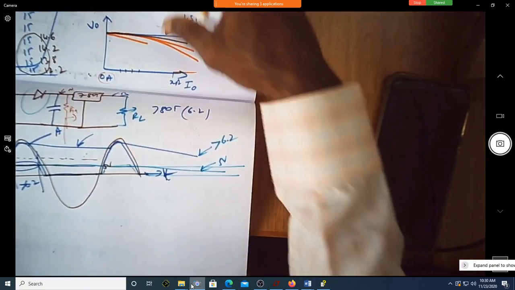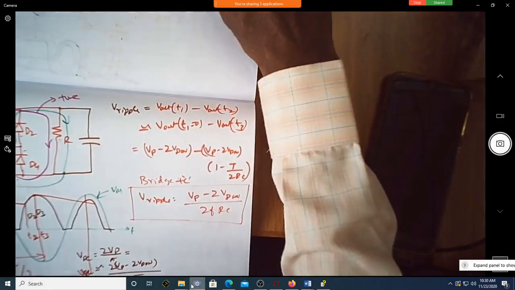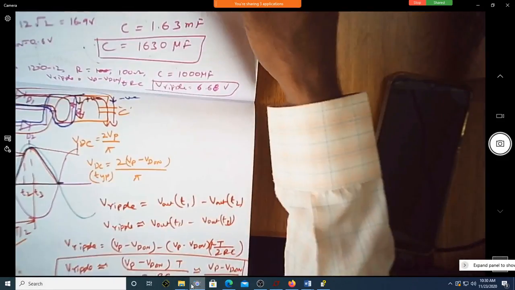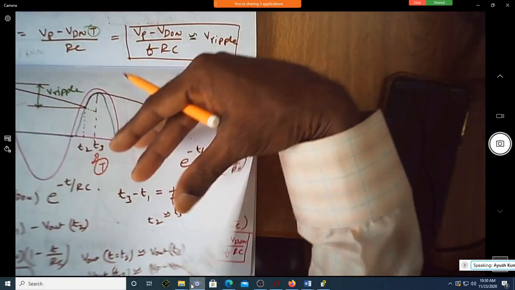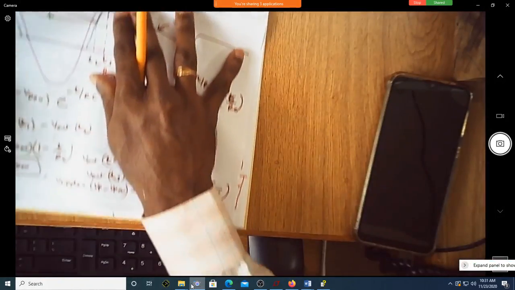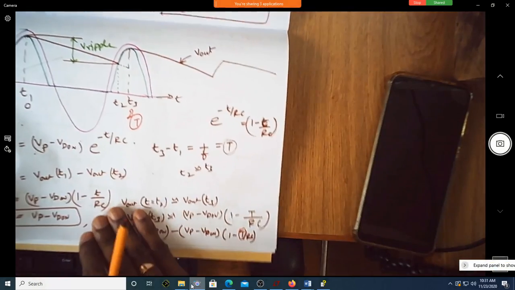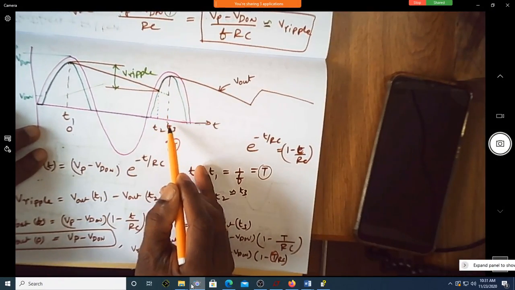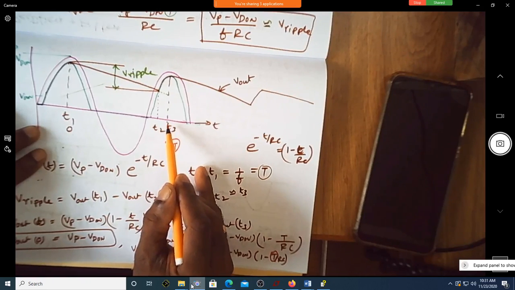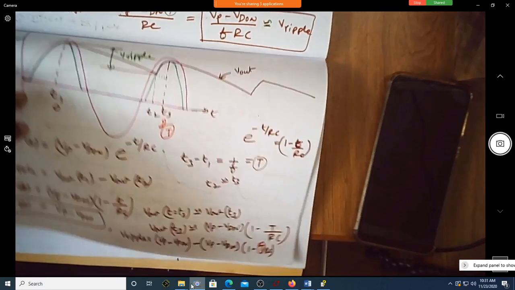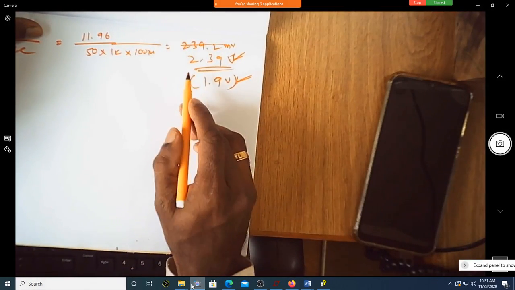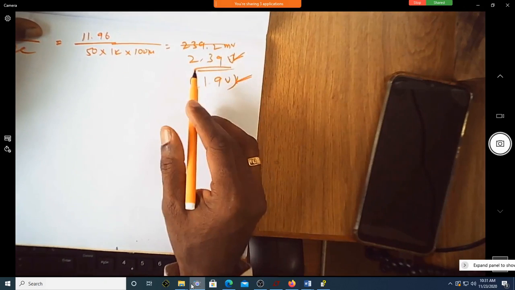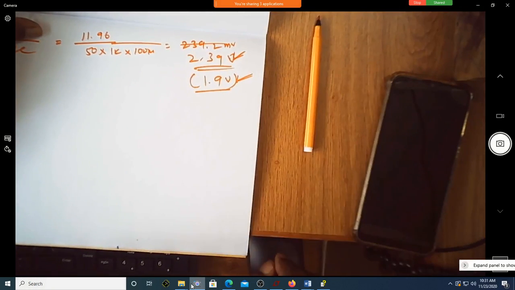When we derived the expression for the ripple voltage, we assumed some assumptions. Can you see here? These are the assumptions. We assume that T2 is almost equal to T3. Because of these assumptions, we have a slight error: instead of getting 2.39 as the theoretical calculation, you're getting 1.9.